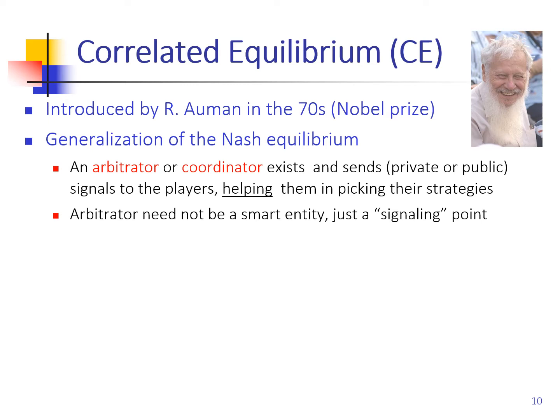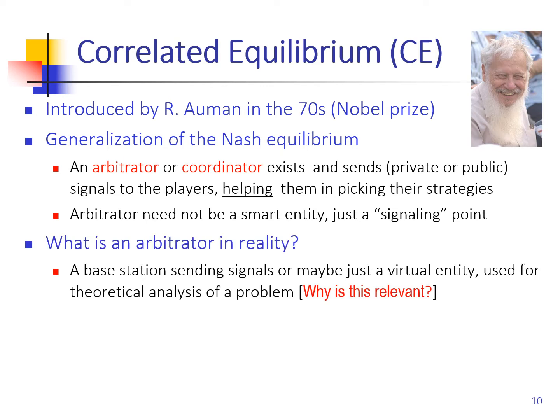This arbitrator or coordinator doesn't have to be a smart entity in terms of computing the Nash equilibrium or correlated equilibrium, because it's not doing that here. It's just used as a signaling point. And we will see later, as an application, that this entity does not have to be a physical entity, such as a base station or a server. It can be done in a completely distributed manner. So what's an arbitrator? Well, it could be a base station sending signals, or maybe just a virtual entity.